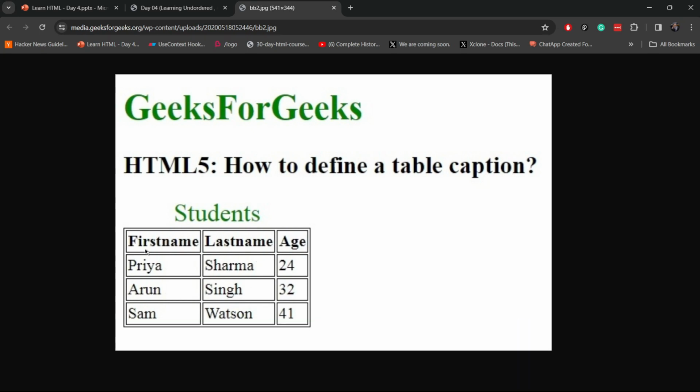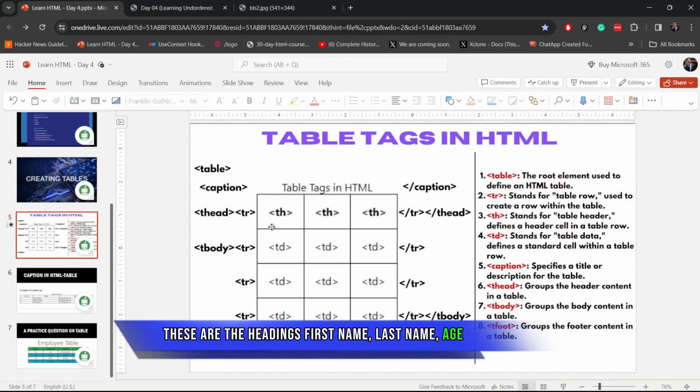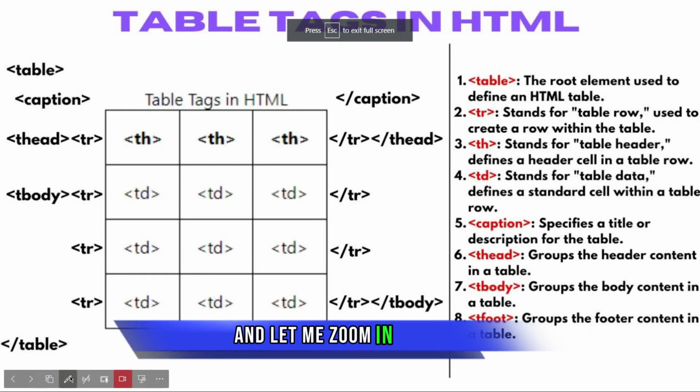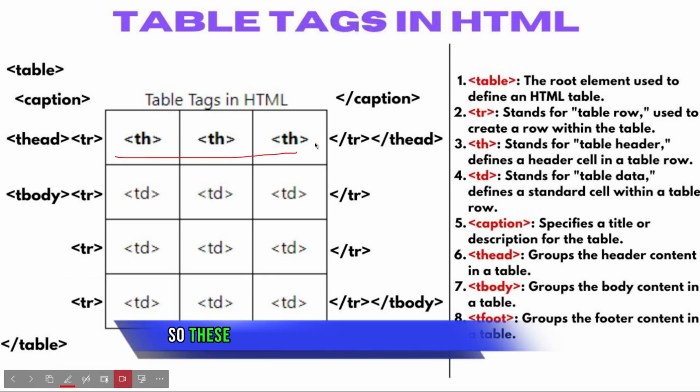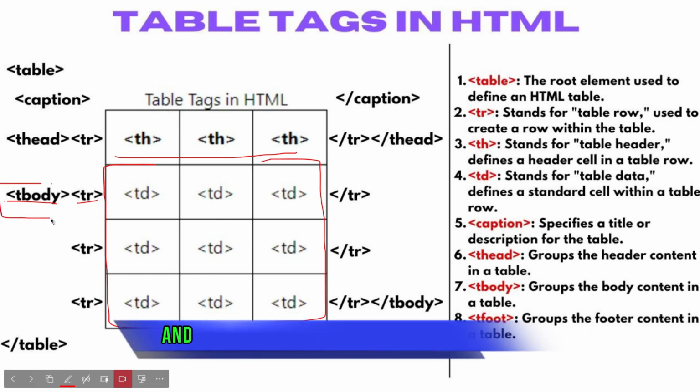These are the headings: first name, last name, age. So these are the th tags, and then the table body. These are all the table body, and the table body is the body of the HTML table, neglecting this heading part.